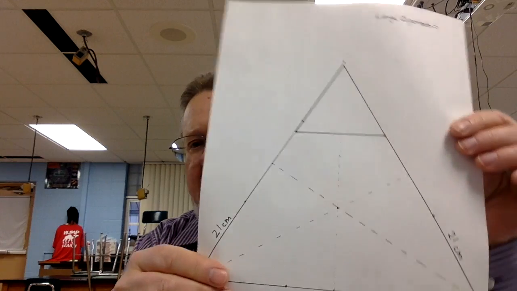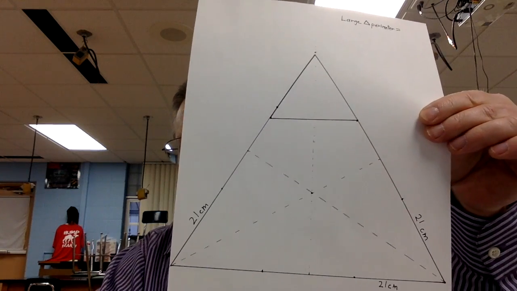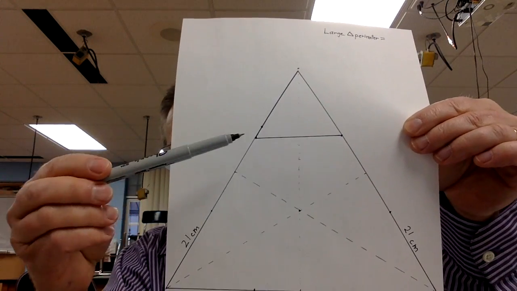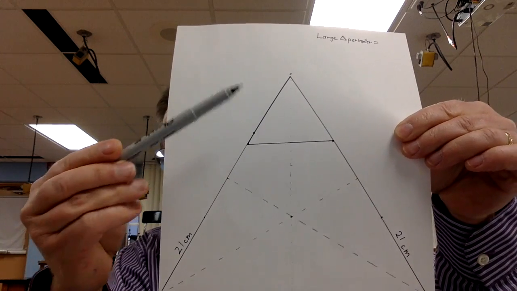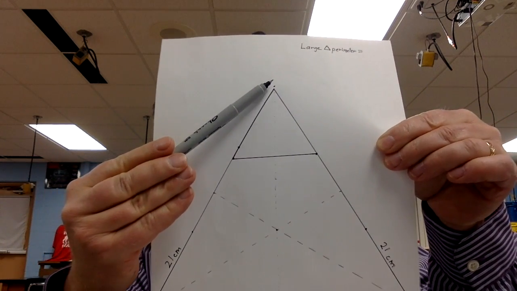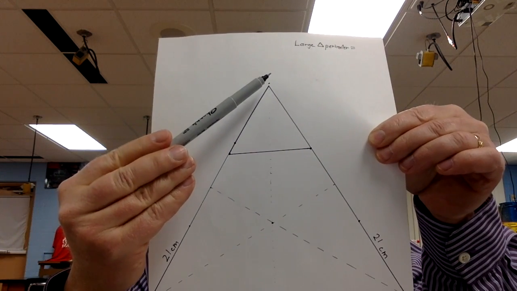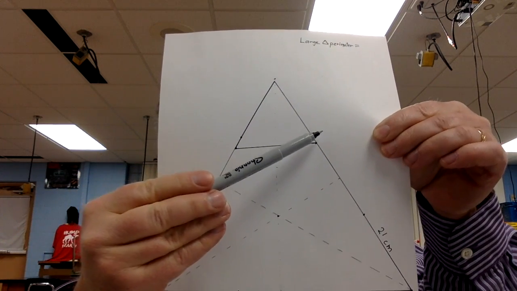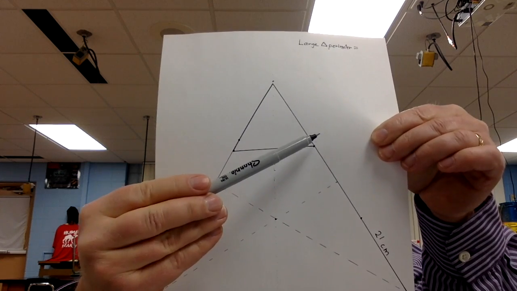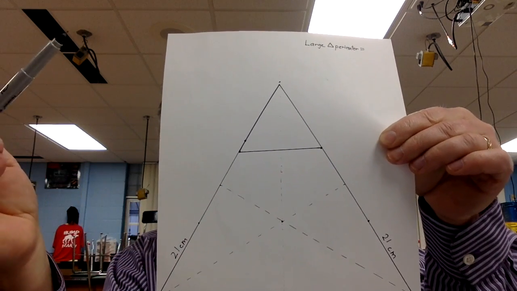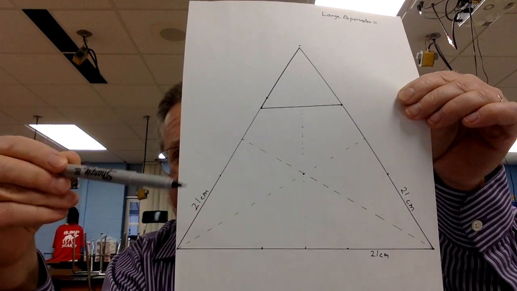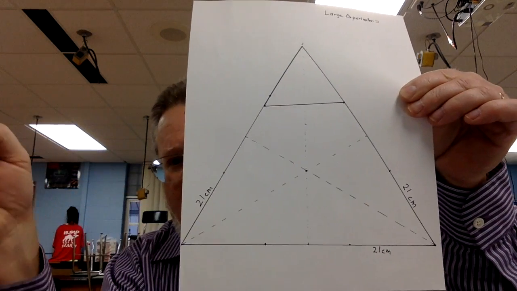So the next thing that I was able to do is measure and put a dot 7 centimeters from this corner. I then put a dot 7 centimeters from this corner. Then I connected the dots. You should do that at the next two corners.